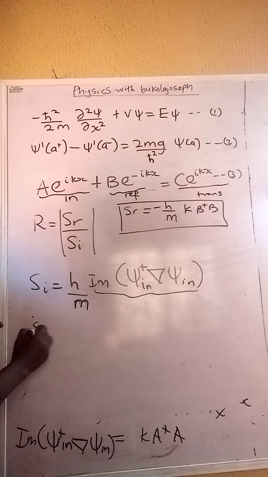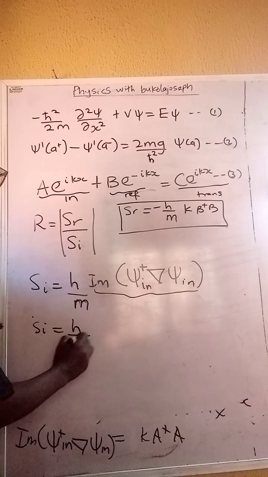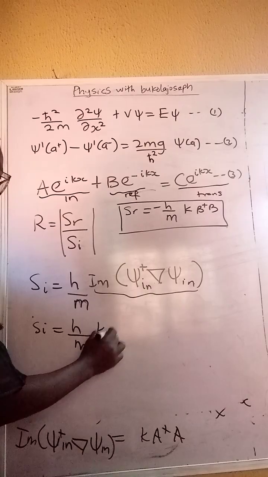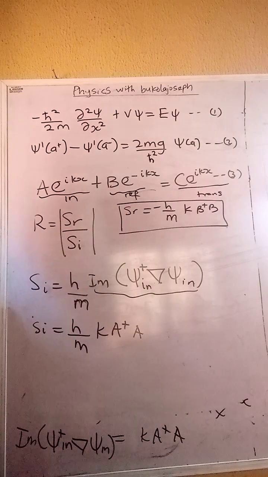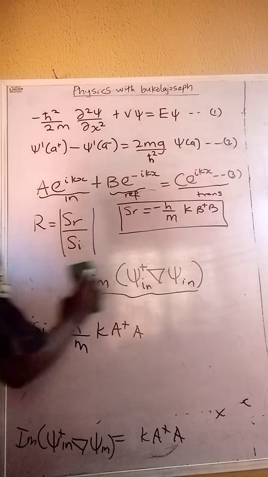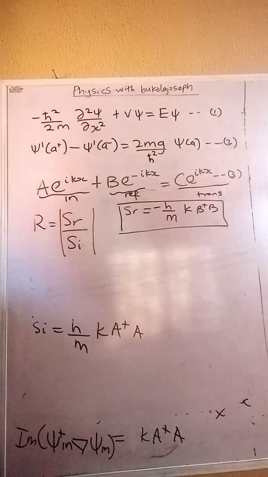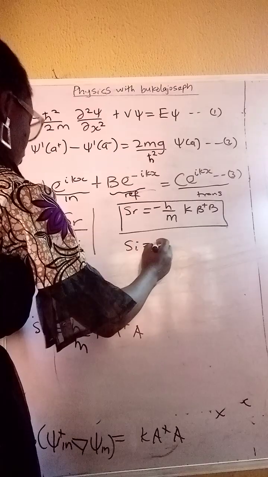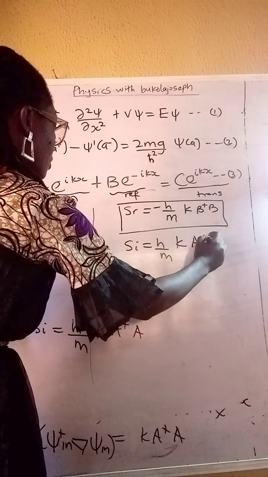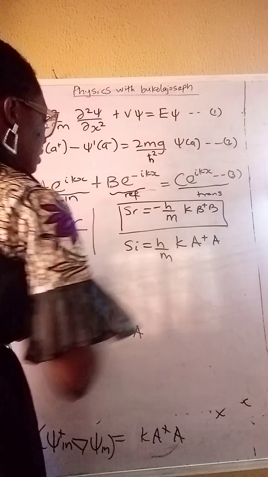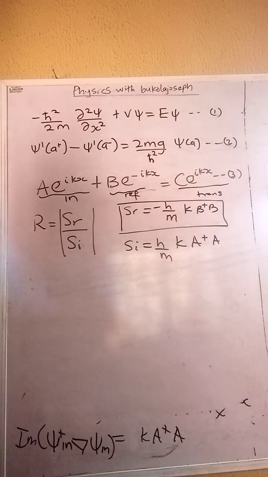So if you substitute, it means this is equal to what? ħ over m k A dagger A. Okay, so we have gotten our psi I. So it means psi I is equal to ħ over m k A plus A. Now let's substitute into this.